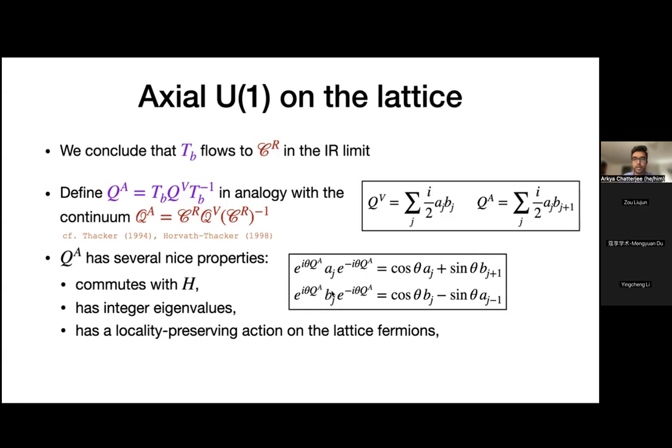And the same with B: it also gets mixed up only with the A fermion on a neighboring site. So it acts in a locality preserving manner on the lattice fermions. From this you can also work out how it acts on the complex fermions, the CJ, by taking linear combinations.